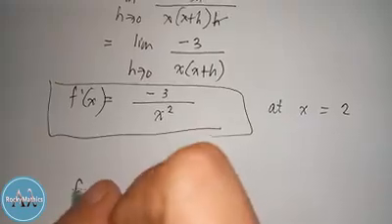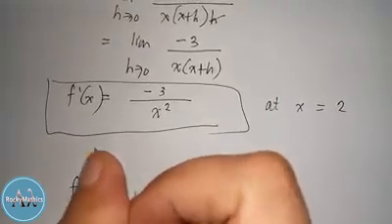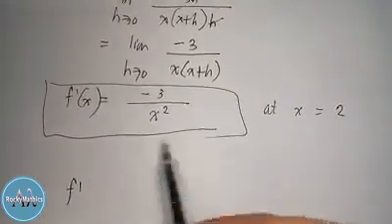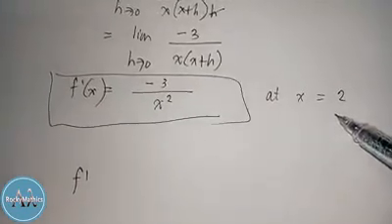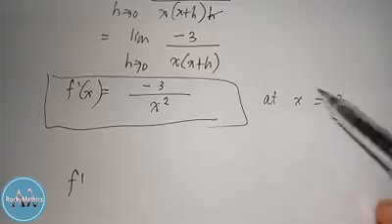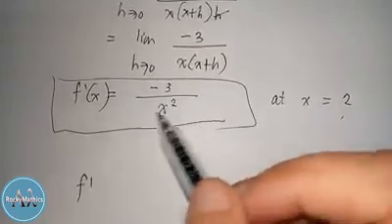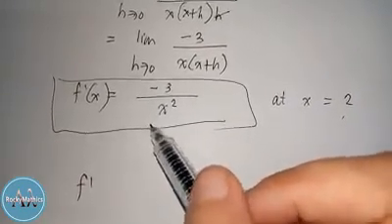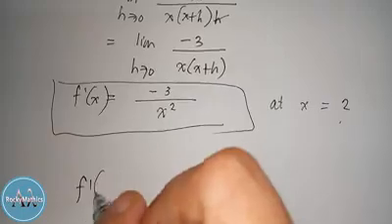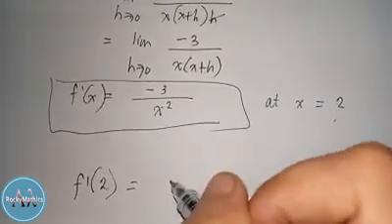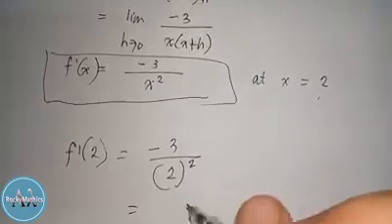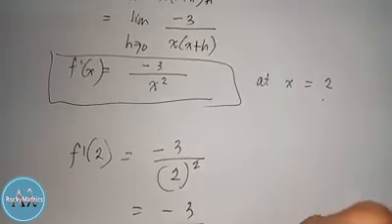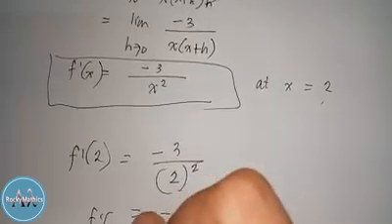In order to know the derivative of the given function at x is equal to 2, you need to substitute this one to the slope predictor formula. This is f prime of 2, so we have negative 3 over 2 squared. This is negative 3 over 4. That is f prime of 2.